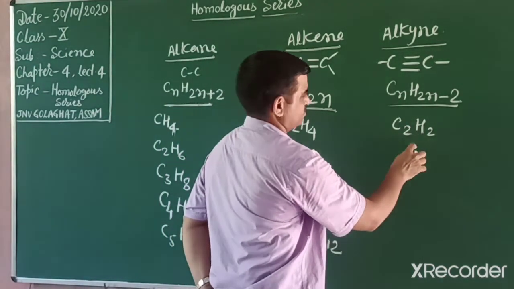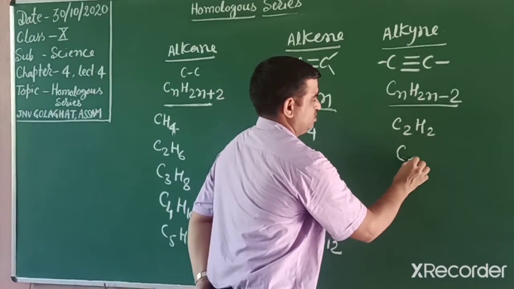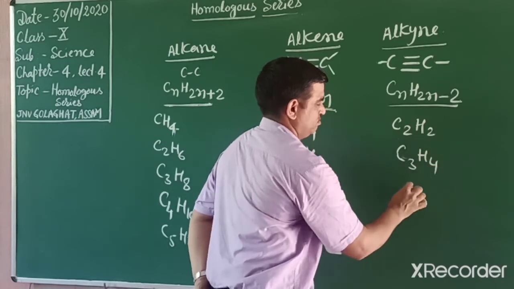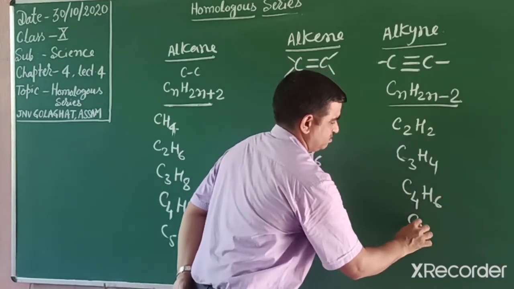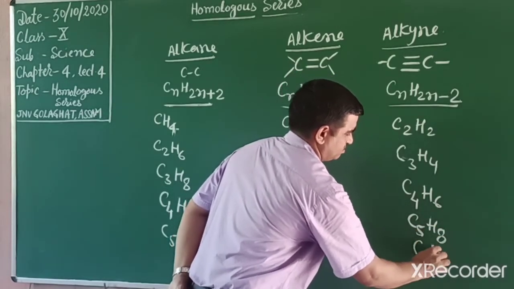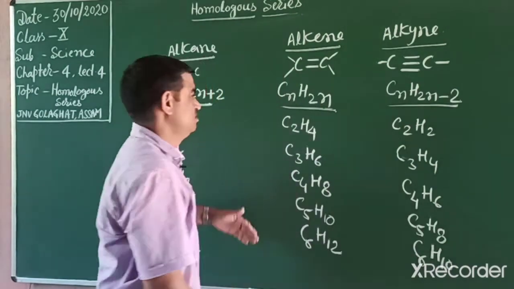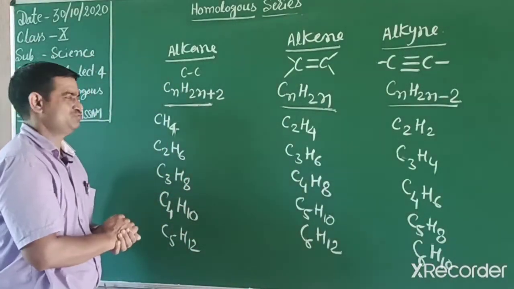In alkyne: C2H2, C3H4, C4H6, C5H8, C6H10. Every member, preceding and succeeding, only differs by CH2.